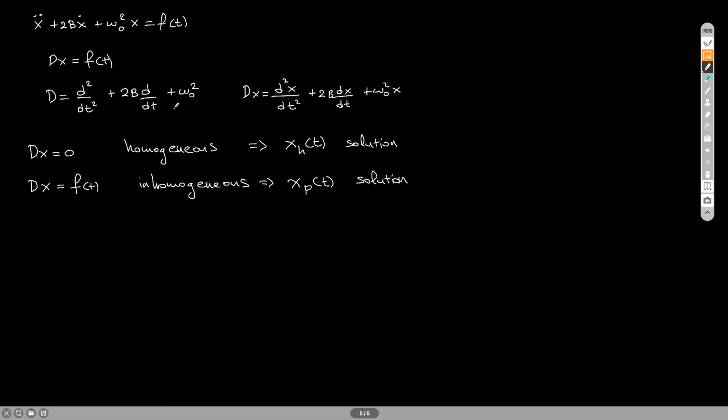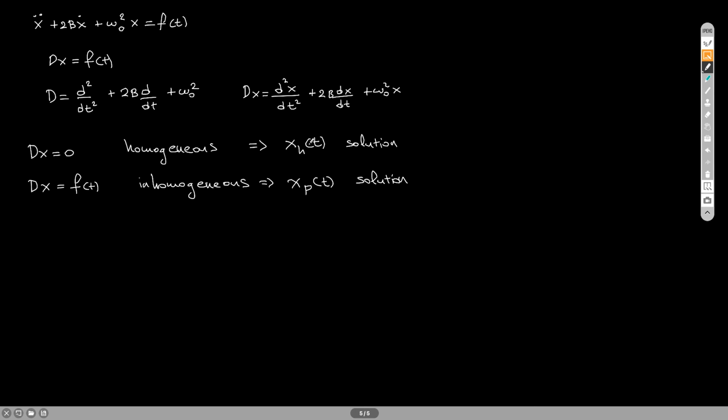Now, using this definition for a differential operator, I can rewrite this expression as Dx equals the right side, the driving force. Now, some terms here. If I have a differential equation like the ones I solved in the previous case, where Dx equals 0, this is a homogeneous differential equation.